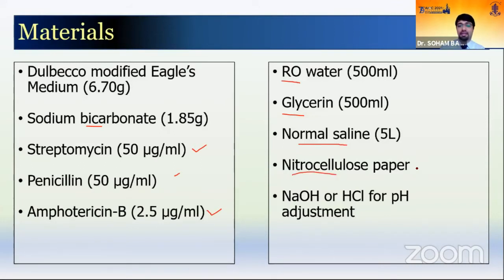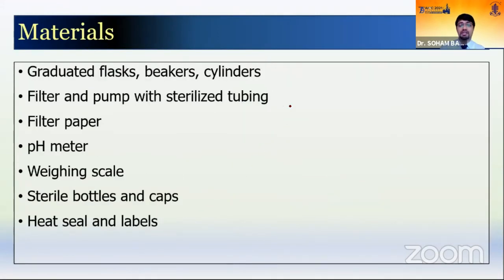Nitrocellulose paper as the carrier where the amniotic membrane is stuck onto. And sodium hydroxide or hydrochloric acid for pH adjustment. The instruments that we need are a variety of graduated flasks and cylinders, a filter and pump with sterilized tubing, filter paper, pH meter, weighing scale, sterile bottles and caps, and heat seal and labels.